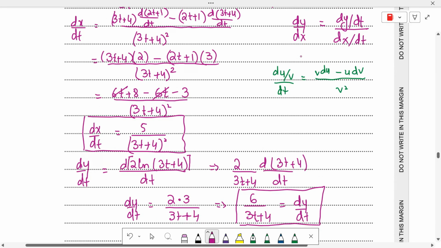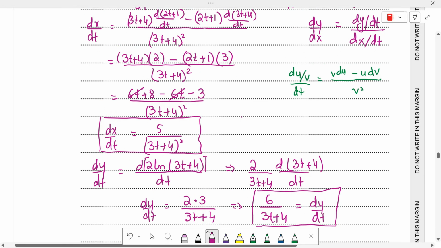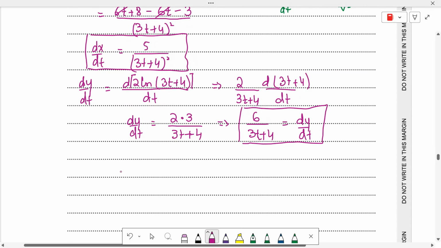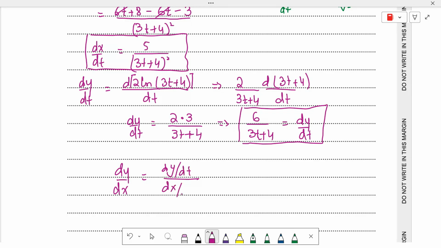Now we can find dy/dx by plugging these two values into this equation. So dy/dx is equal to dy/dt over dx/dt, which is 6 over (3t + 4) divided by 5 over (3t + 4) squared. So this square will be cancelled, and we will have 6 over 5 times (3t + 4).